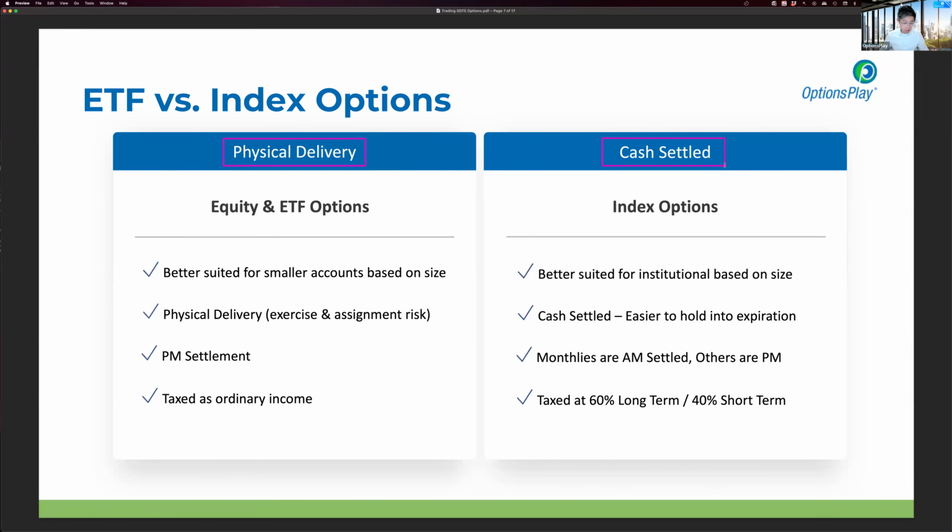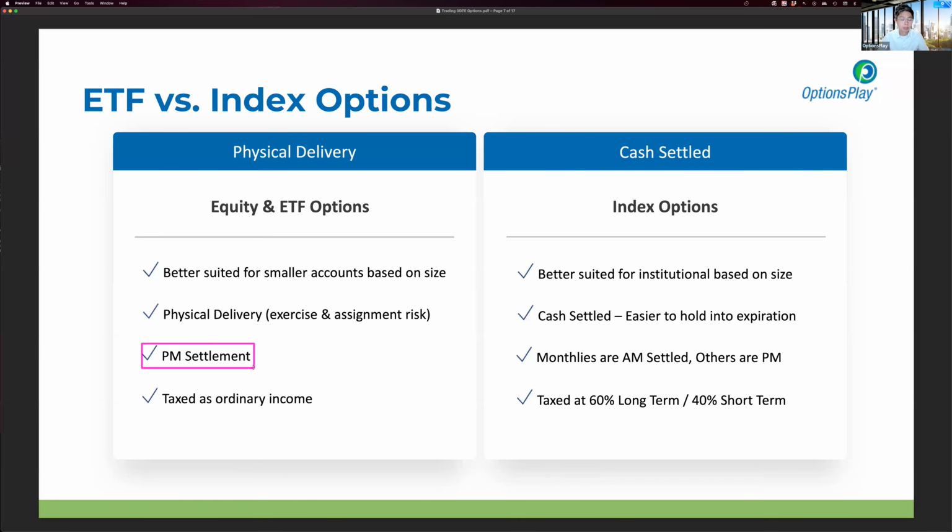ETF and equity options are all PM settled, so it's really easy to manage them because they all expire on the last print of that expiration date. Monthly index options, most of them are PM settled, meaning what you're used to with stock or ETF options, but some of them are AM settled, meaning they're settled based on the opening price of the day as opposed to the closing price of the day.